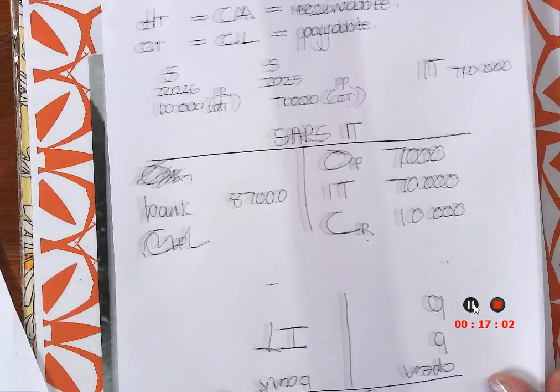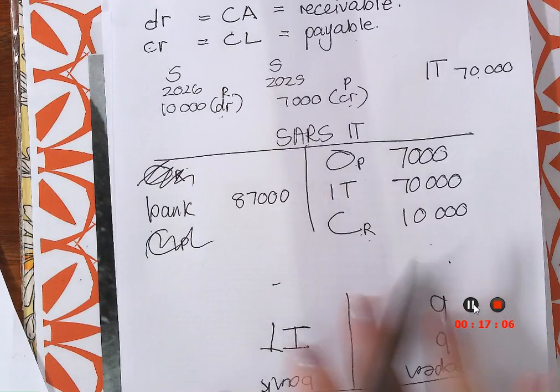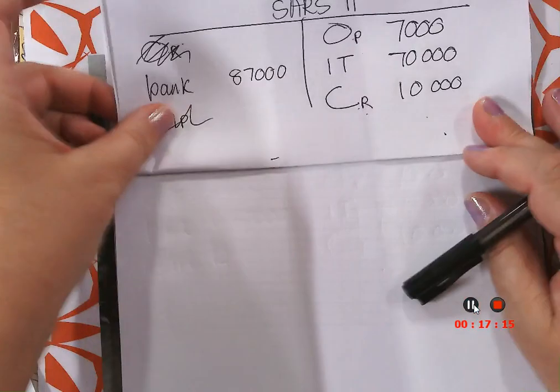Let's try another one. Can I have you copy? Okay. What I'm going to do is I'm going to write down another one.